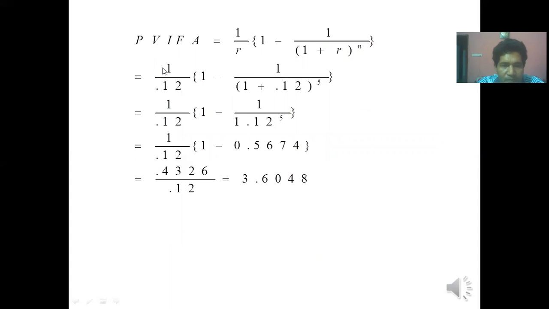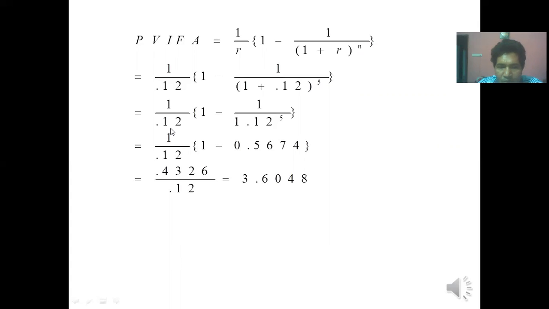We know the rate of interest, cost of equity, is 12%. 1 by R, rate of interest 0.12, 1 minus 1 divided by 1 plus R, 1 plus 0.12. Number of periods equal to 5 years. So n equal to 5. You can calculate in your calculator.